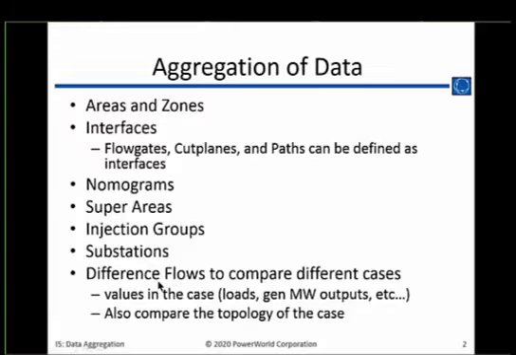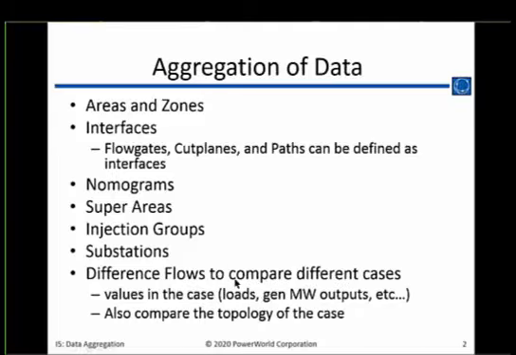And then finally in this topic, we go through the difference flow tool, which isn't strictly related to aggregations. It's just kind of tacked on to this topic, but it allows you to see how things change between two different cases, or you can even have one case where you make a change in the case, like you disconnect a load or you disconnect a generator, and then you compare the before and after.